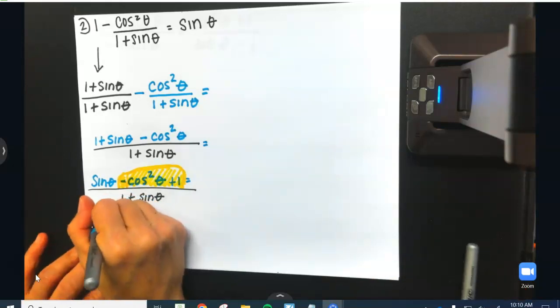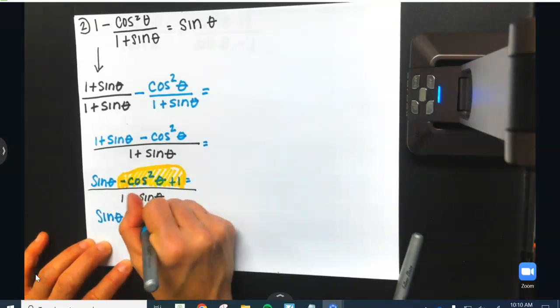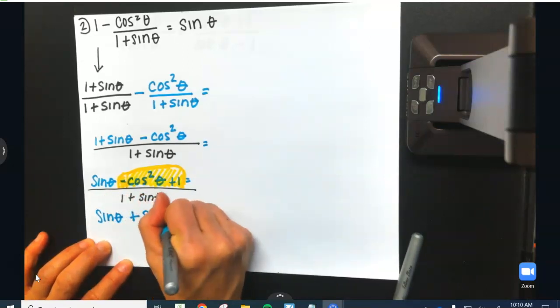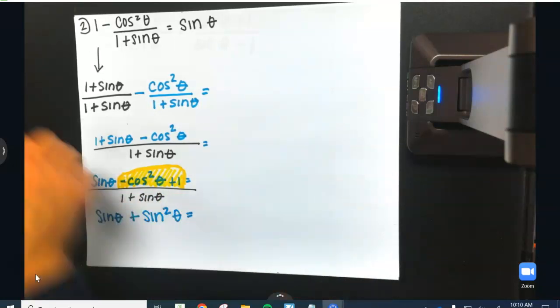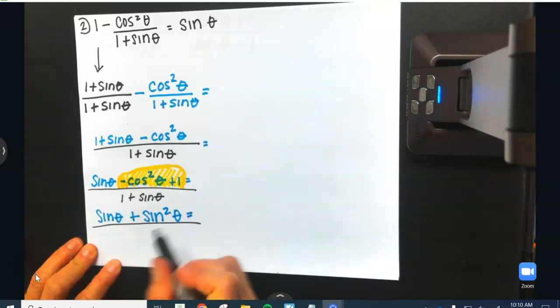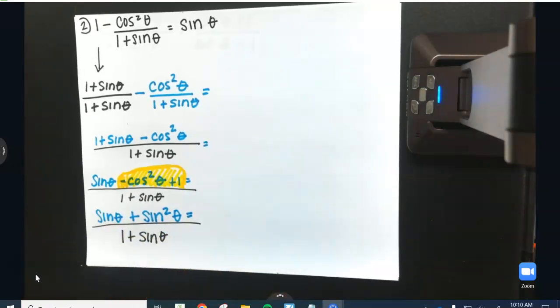So this is going to be sine theta plus sine squared theta, and that's all over 1 plus sine theta. Well, they're all sines.